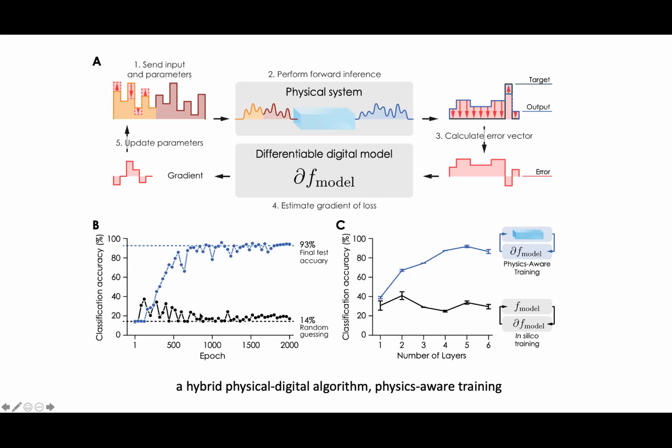You can see that in the end, this one is not really better than random guessing, but this one is much better. And here, as we increase the number of layers, you can see the improvement of the performance for this one, but for this one you can see nothing. So that is the conclusion.